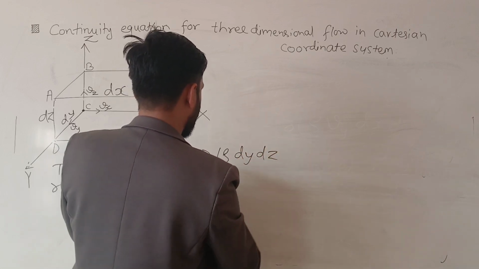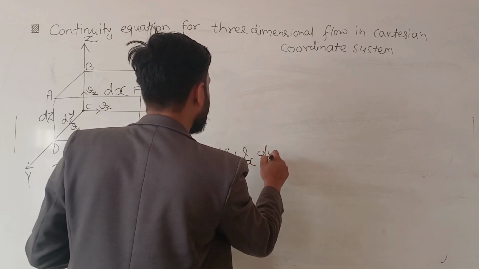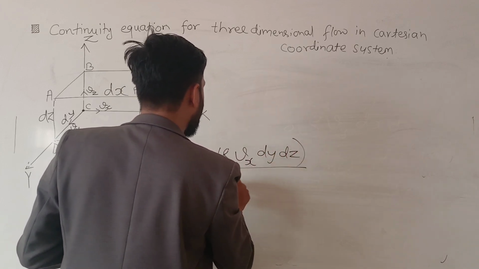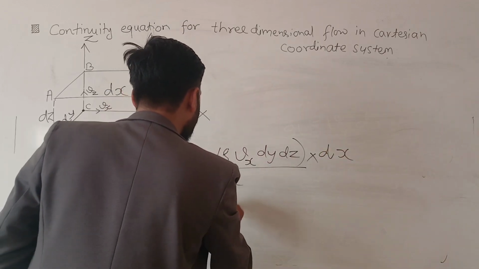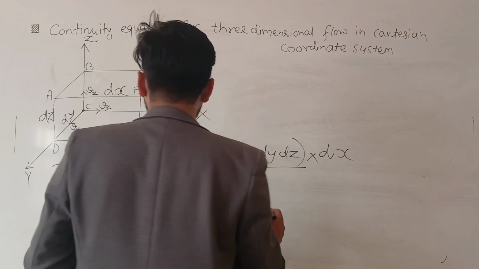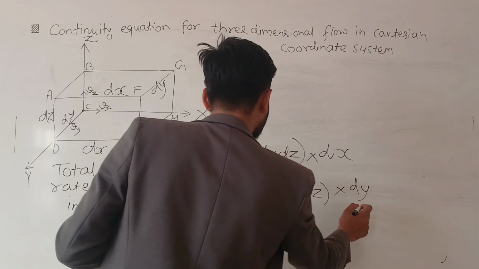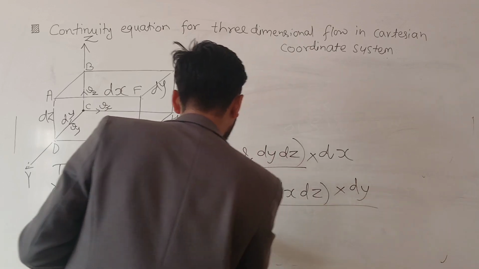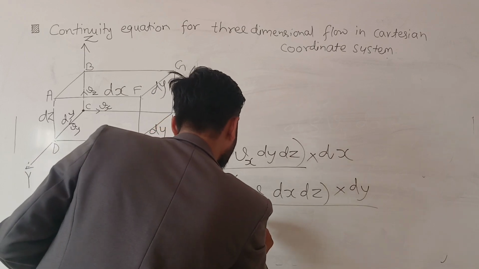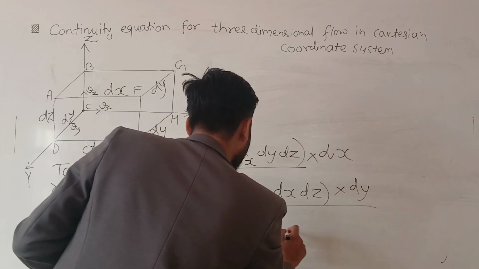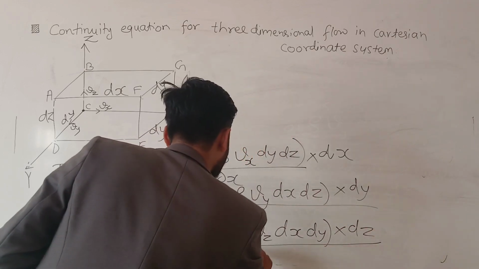Vx dy dz minus del rho Vx into dy dz divided by del x into dx, minus, adding all these here, del rho Vy into dx dz into dy by del y, and another one is del rho Vz, and the area is dx dy into dz by del z.